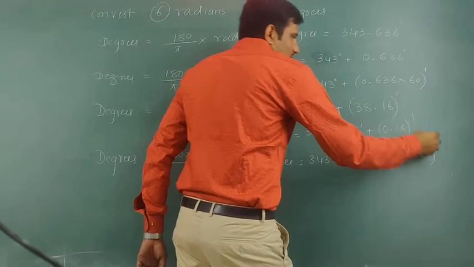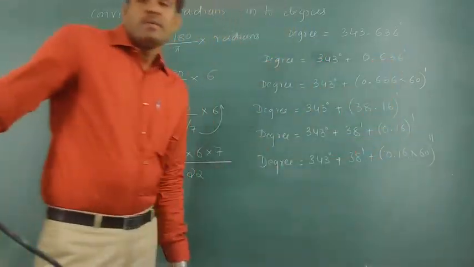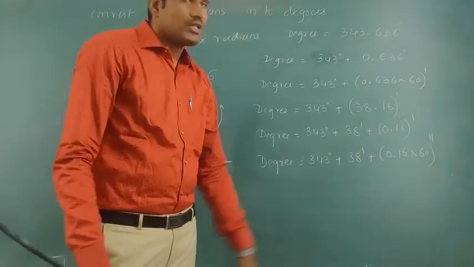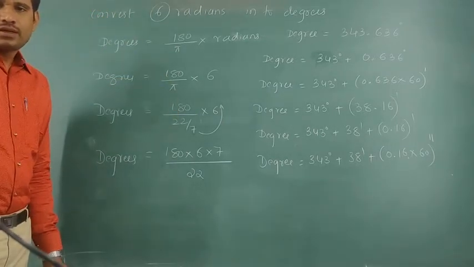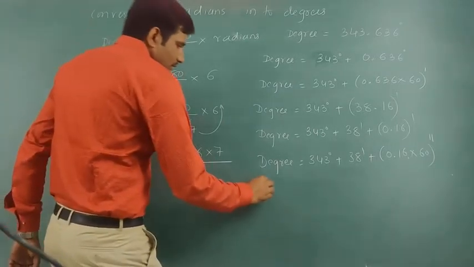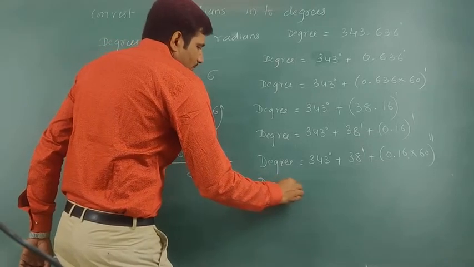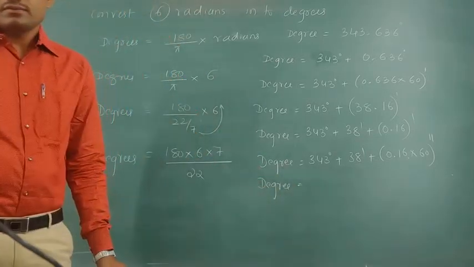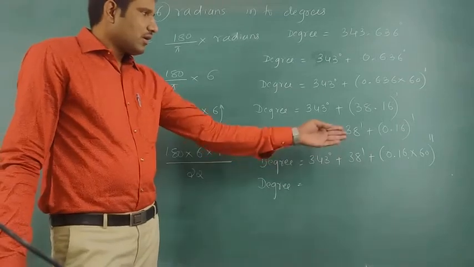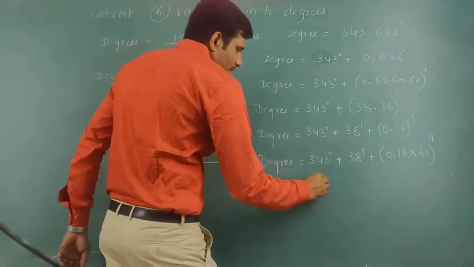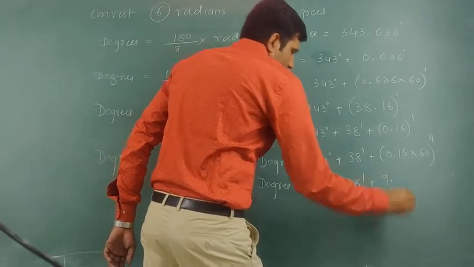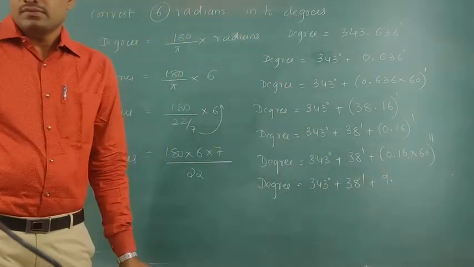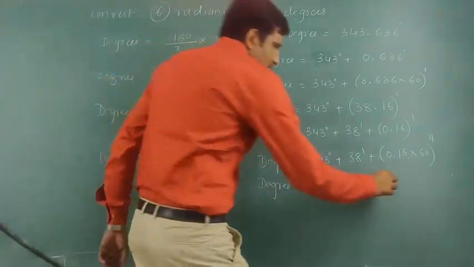When you multiply by 60, these minutes will be converted into seconds. What is 0.16 into 60? 9.6.